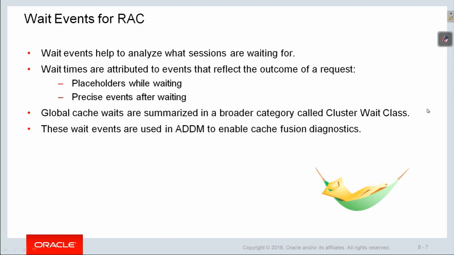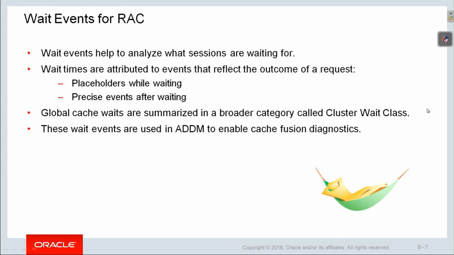So if you have the same set of wait events from a good time period and a bad time period, then what you have to take a look at is wait time. Okay, in normal time I only had to wait 2 milliseconds to complete I/O, but now I have to wait 50 milliseconds. Same wait event, but why? We had to wait a lot longer, and that's the analysis. So wait events help to analyze what sessions are waiting for.